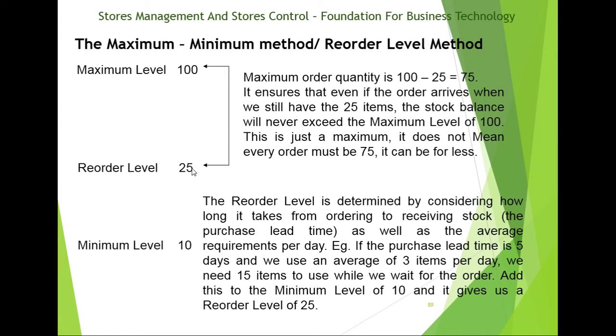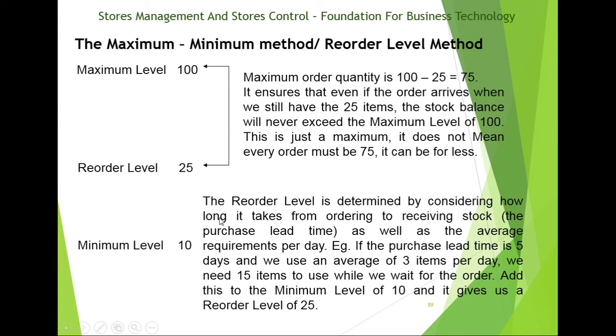You can even decide to push that reorder level to 30 or 35, so that you have got a buffer or safety stock. So 25 should be the lowest reorder level in this situation, where you need 3 items per day and there is a waiting period of 5 days after we place our order.